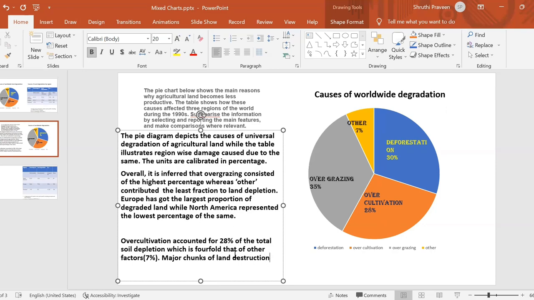I want to use a different word. Destruction was caused by deforestation. Deforestation at, you can mention the percentage, at 30%, and overgrazing at 35% each. So that is done. My body paragraph 1 is also done.